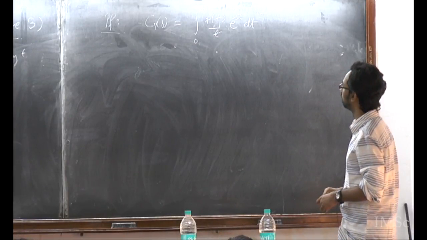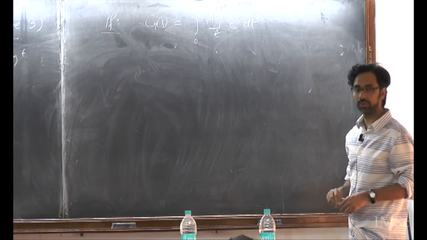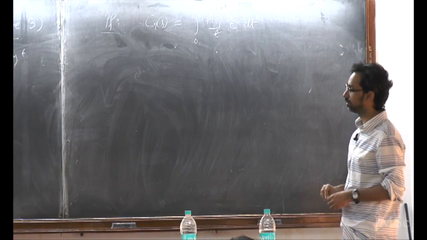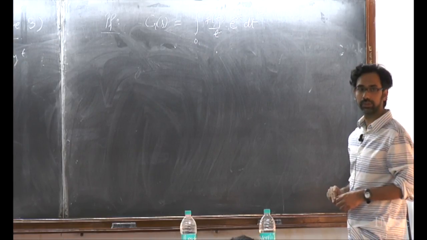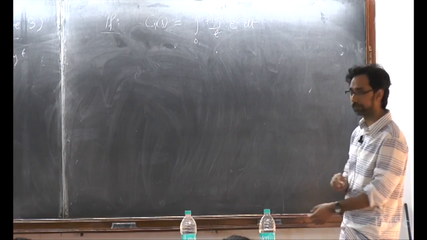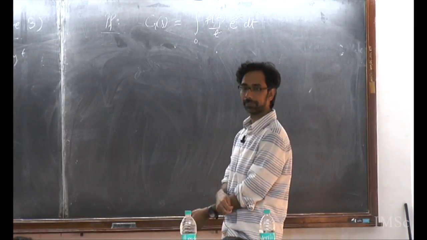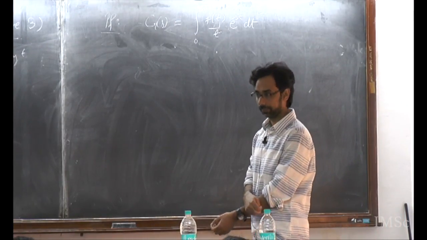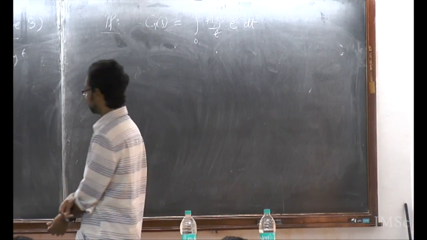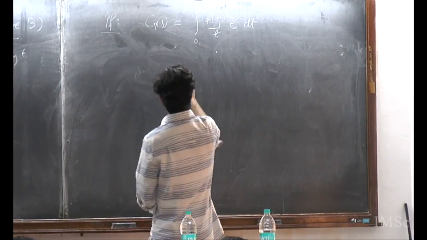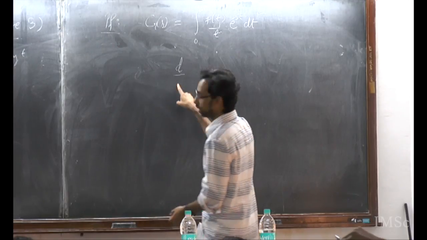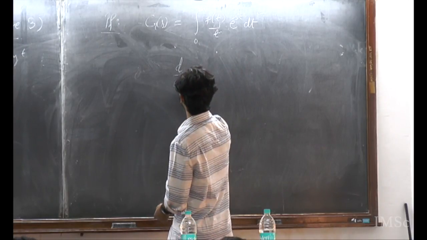Now, how can we express this in terms of the Laplace transform of f? Any ideas? Yes? Right. So what's the derivative? The s derivative, yes? You want the s derivative.